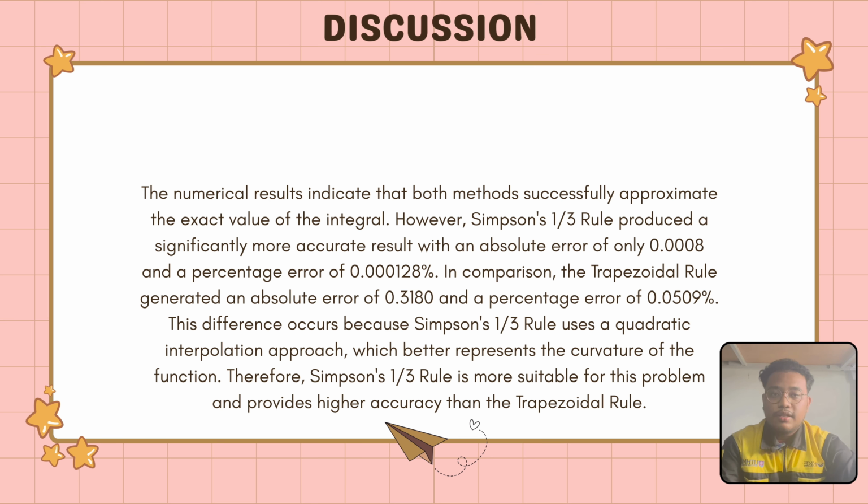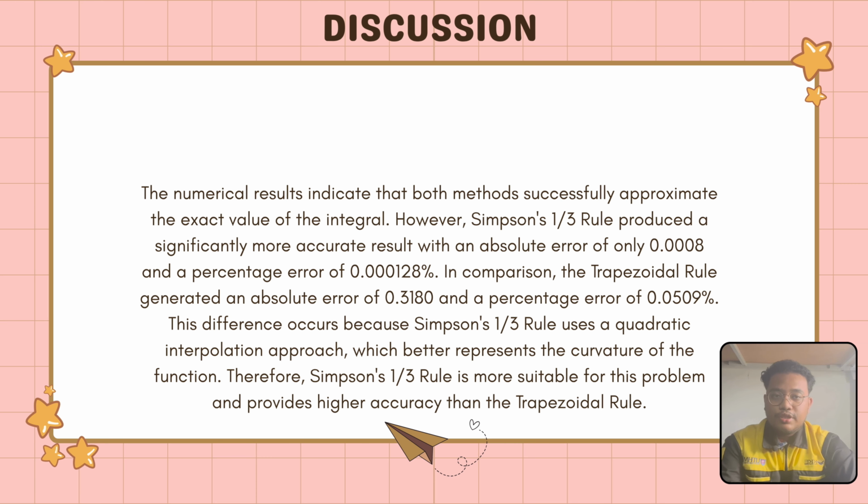For the discussion, the numerical results indicate that both methods successfully approximate the exact value of the integral. However, Simpson's 1/3 rule produces a significantly more accurate result, with an absolute error of only 0.0008 and a percentage error of 0.0000128%.